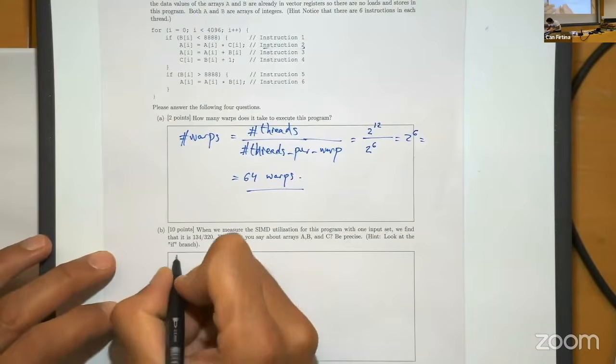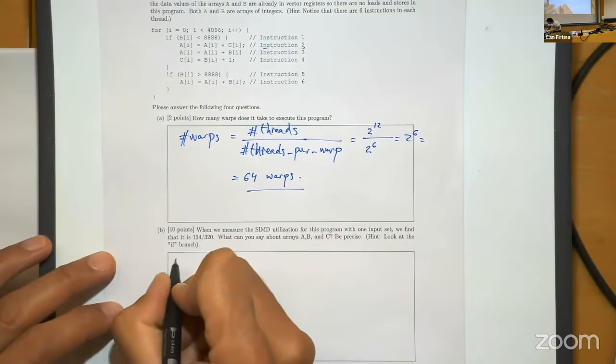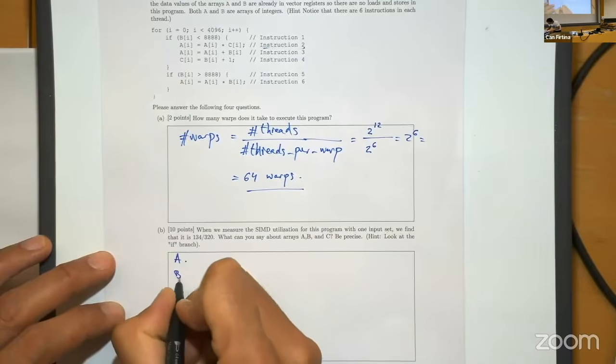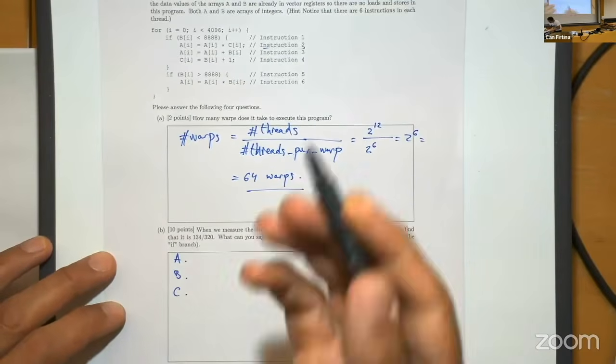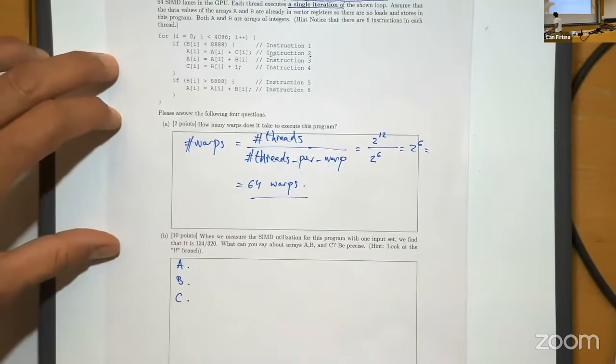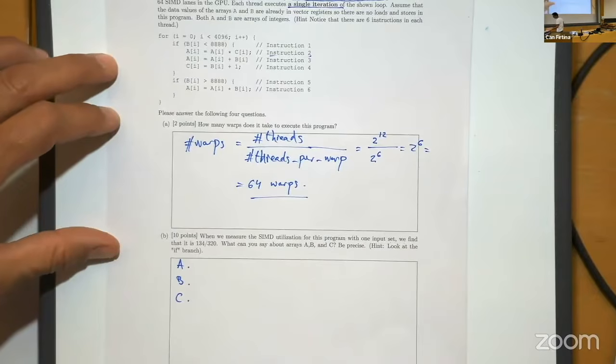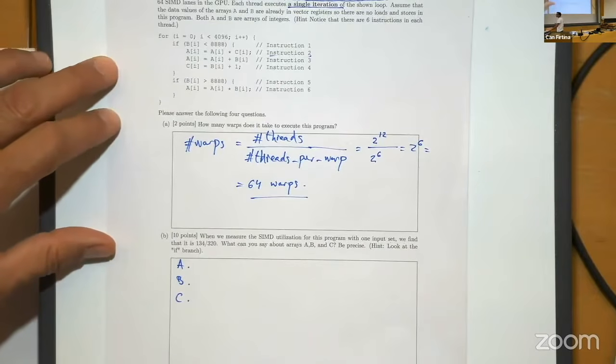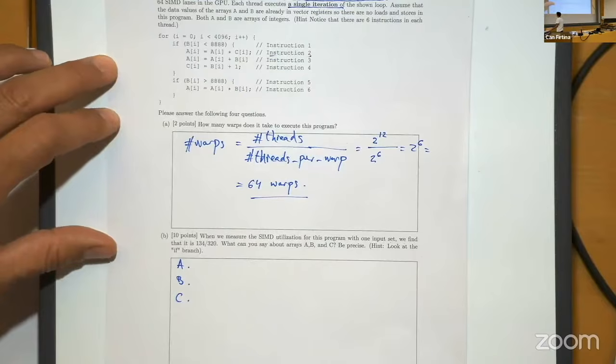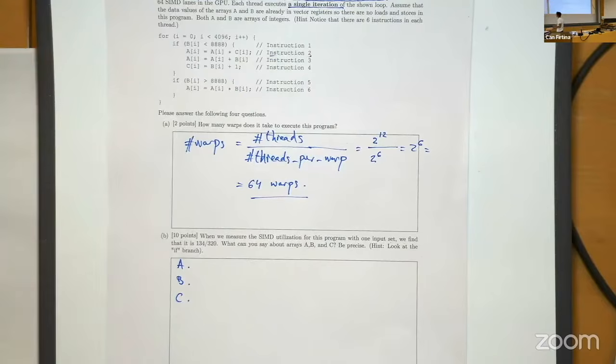So we have 3 arrays, right? And we are being asked about 3 arrays, A, B, and C. If we observe the code and the if statements, we see that the only array that is important to make control flow decisions is array B, right?